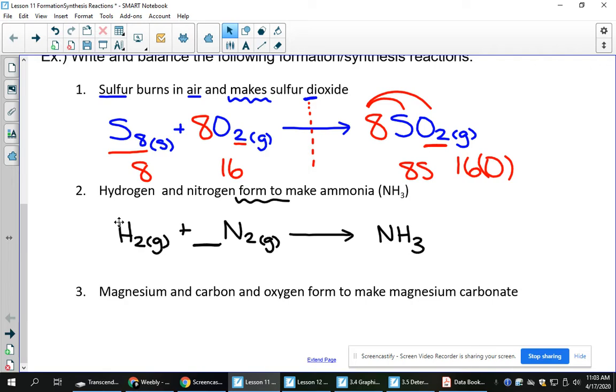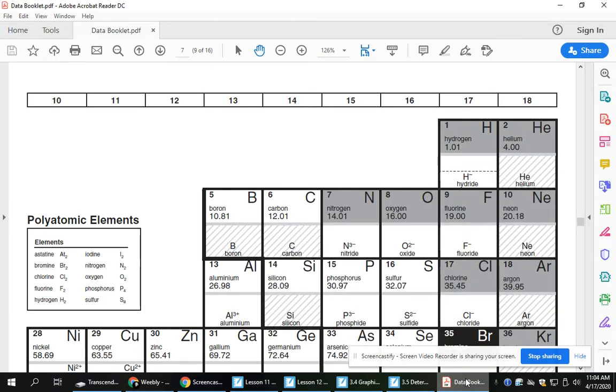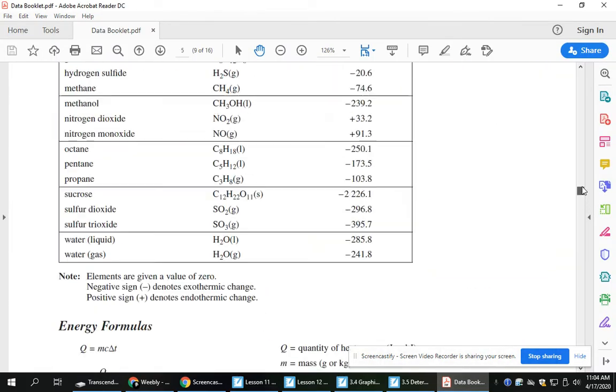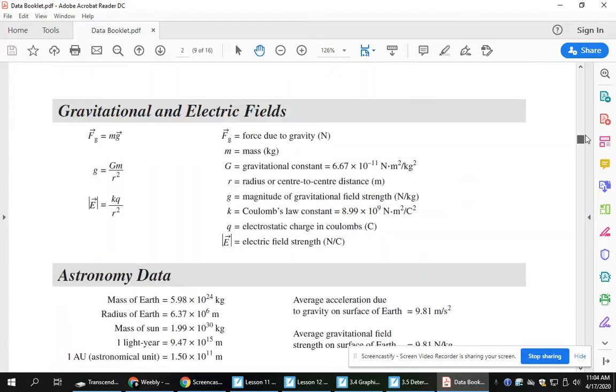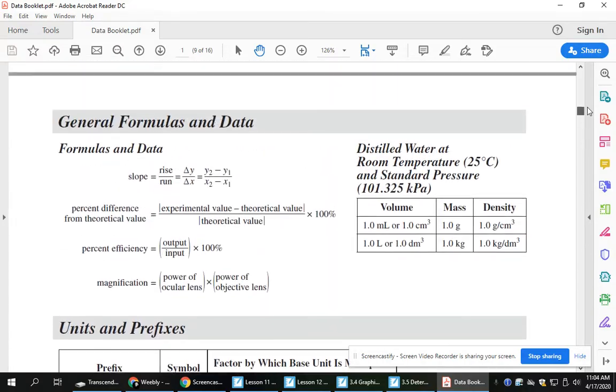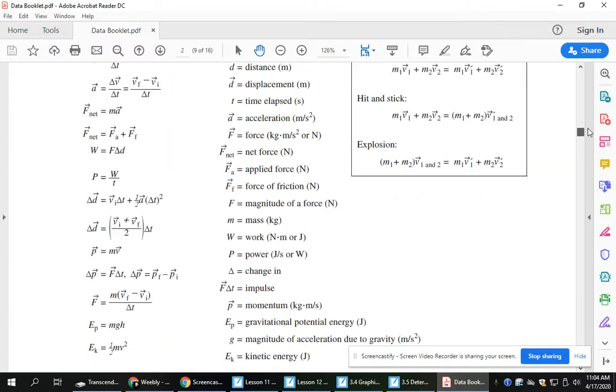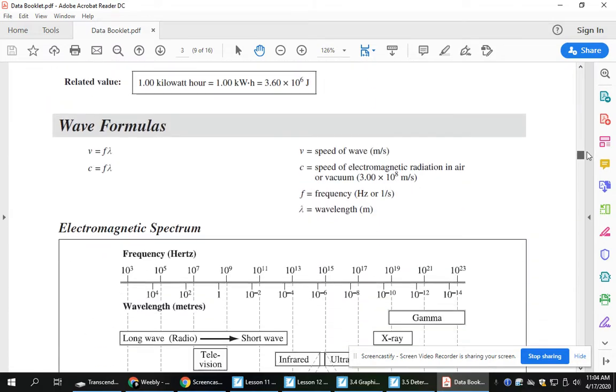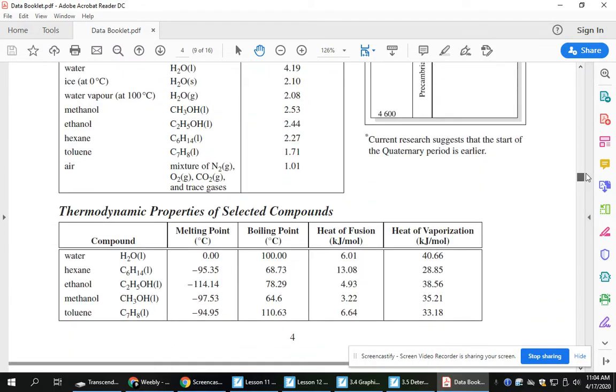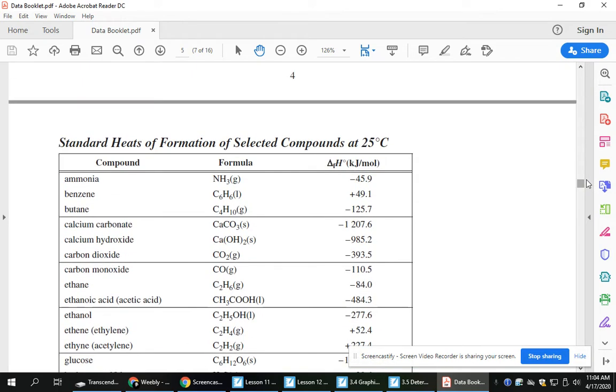Now, ammonia is in our periodic table booklet somewhere. I'm going to go to page, let's see, what page has my list of compounds? This one right here. This is page 5.